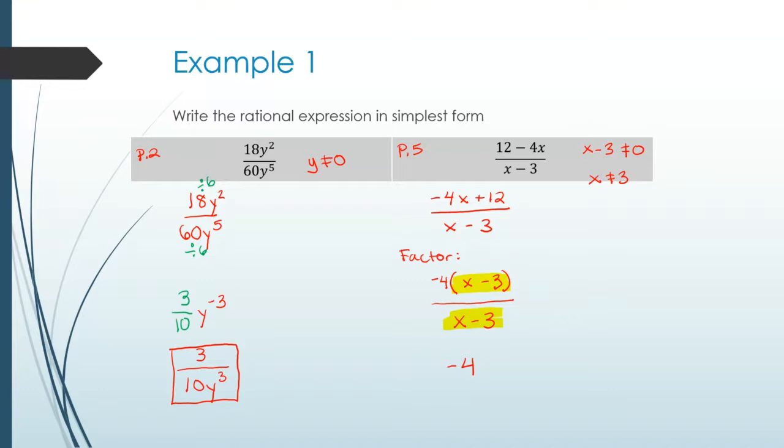We basically removed it, and we don't have any variables left. So this is the part that the book is very particular about, that whatever we canceled out, the x minus 3, we have to make sure we specify that this simplifies to -4 for everything except x equals 3. Because that was not allowed in our original problem, and so it's still not allowed in the simplified part, even though we don't have any x's at all.